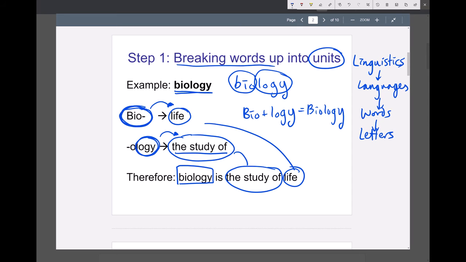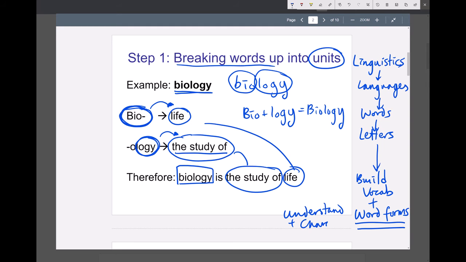But today we are using these rules to help you build vocabulary and understand and change word forms. So let's take a look at what that means.